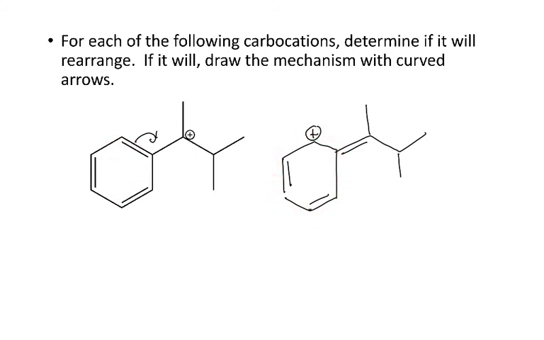Because this tertiary carbocation is resonance stabilized, if I were to shift it over here, that would be too far away from the benzene ring for the resonance to occur. And so in this case, we would not expect any rearrangement.